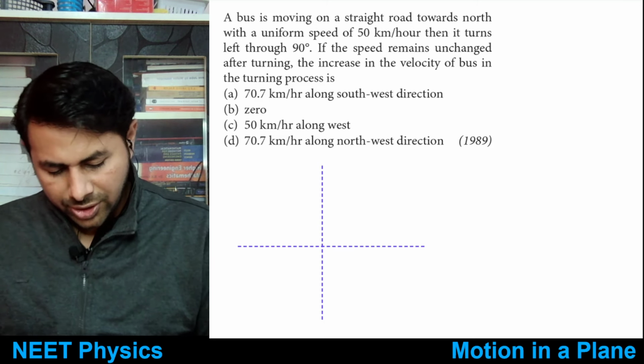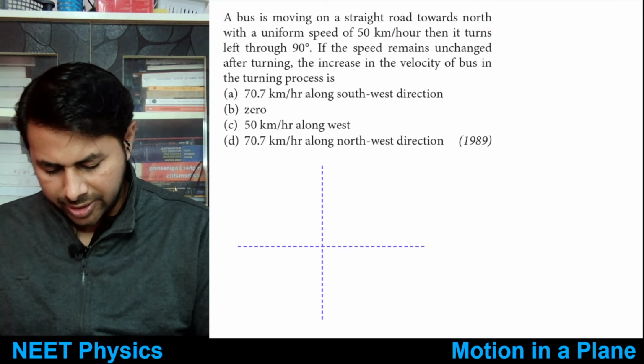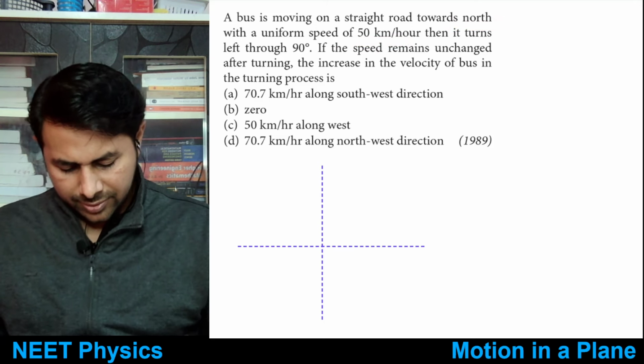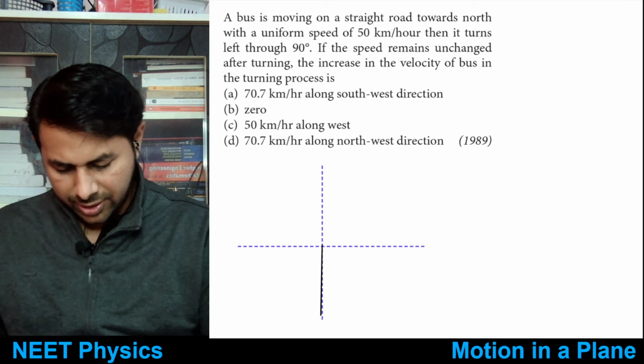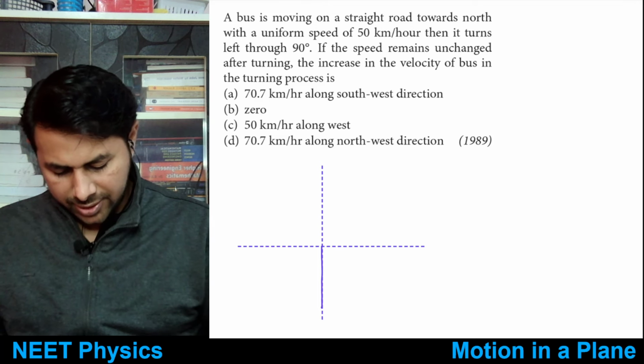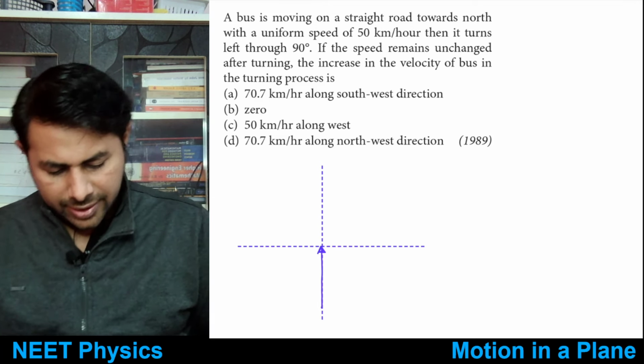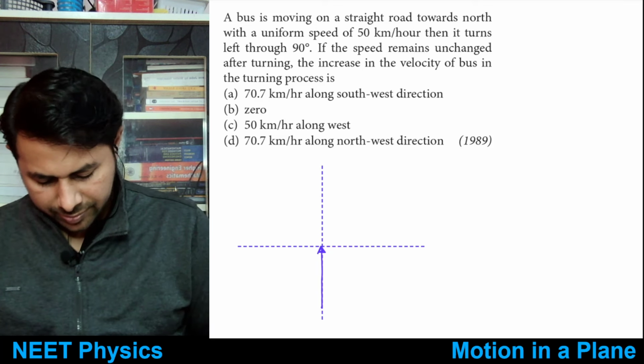Initially it is moving towards north with a speed of 50 kilometers per hour. So like this it's moving initially, and then it takes a turn towards left.